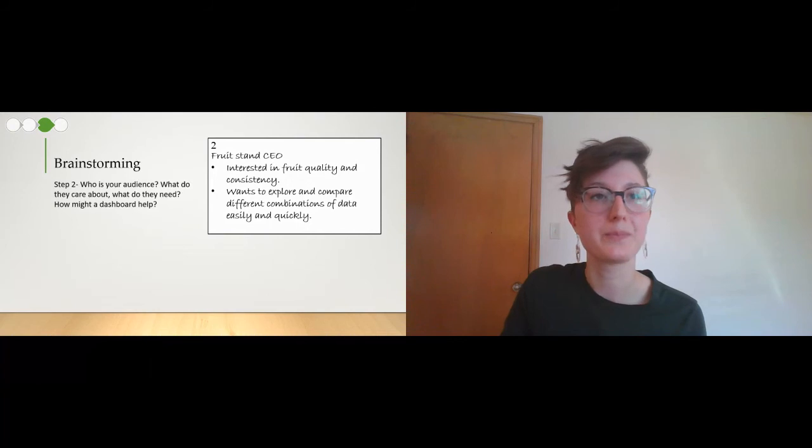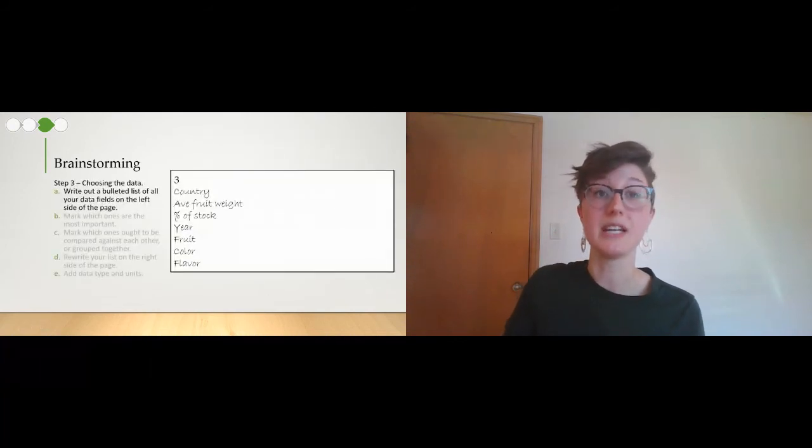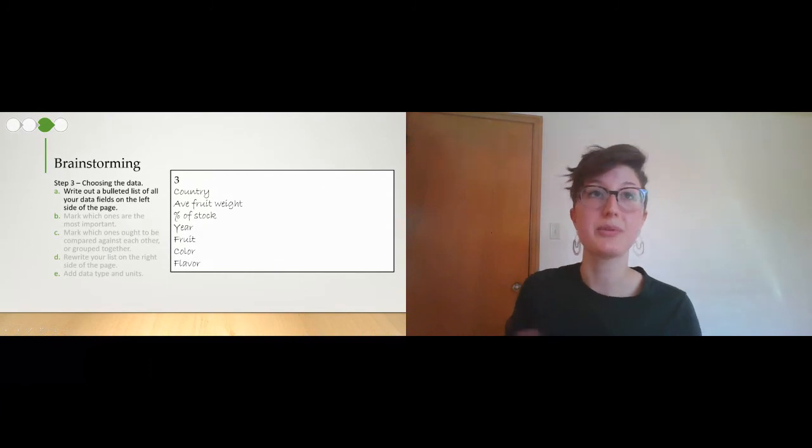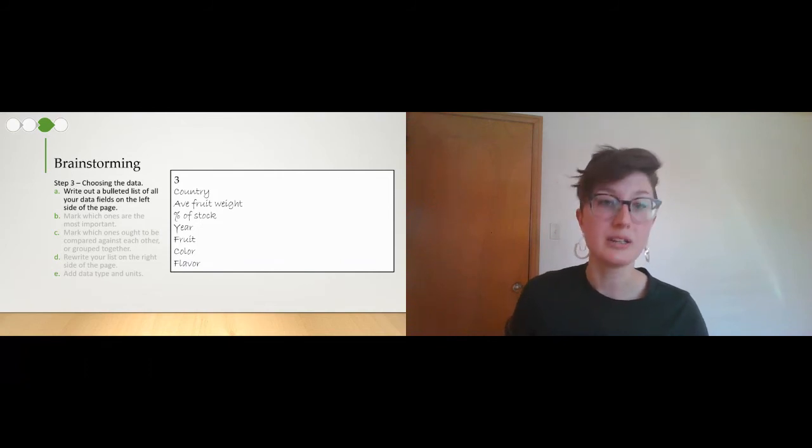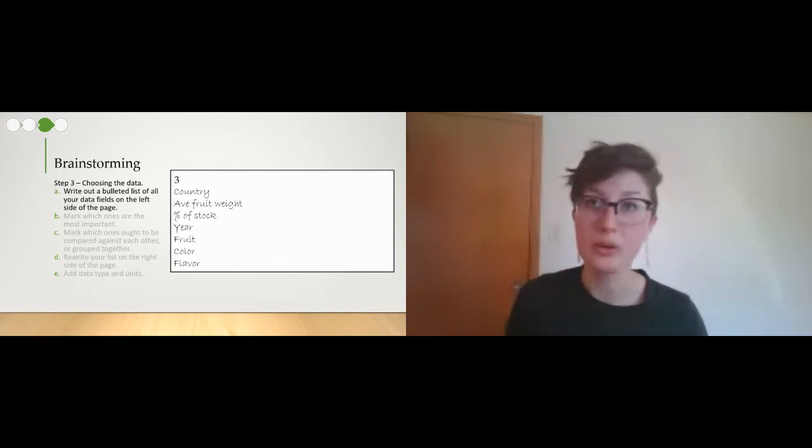So our next step has to do with the data. Step 3, box 3, is basically what you want to ask yourself: what data are most important to your project? Write out a bulleted list of some of the data or data fields that would be important to include in a goal.